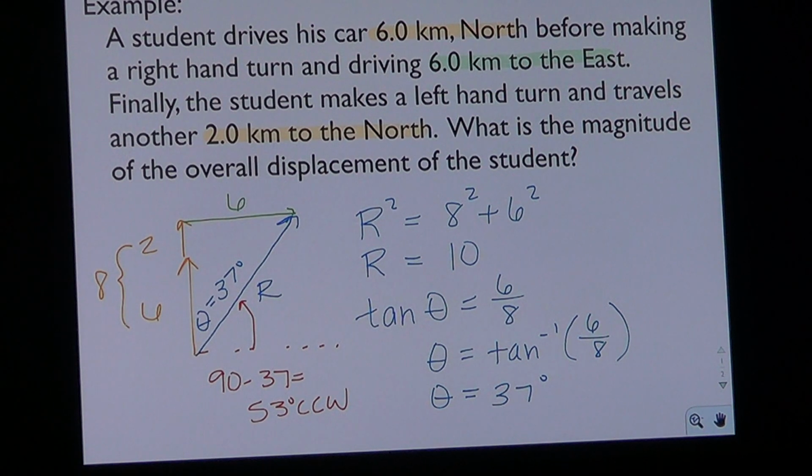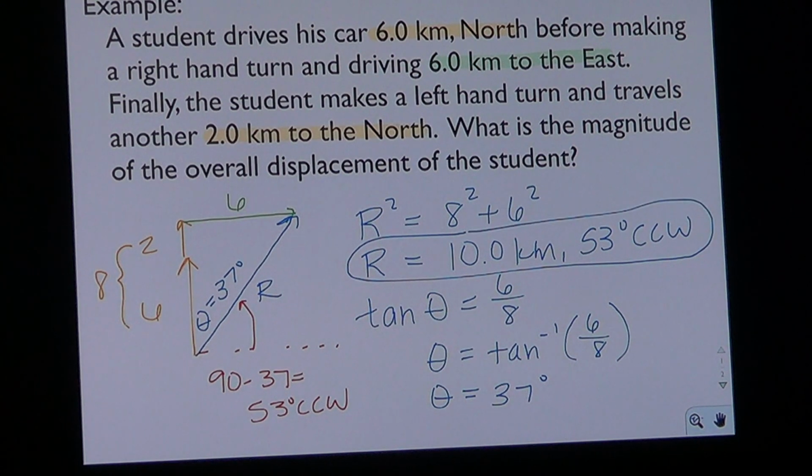So the resultant would be 10 kilometers in 53 degrees CCW. Okay? Any questions?